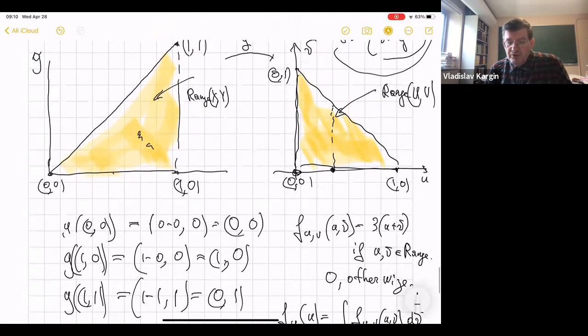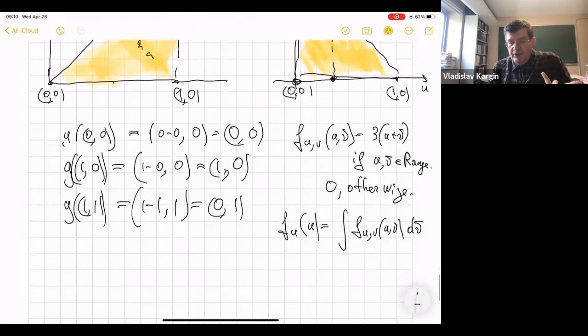If you look at this line, v is equal to 1 minus u. So if you fix u, then v can change only from 0 to 1 minus u. When you calculate the marginal, you figure out what the limits should be: here it should be 0, and here it should be 1 minus u.